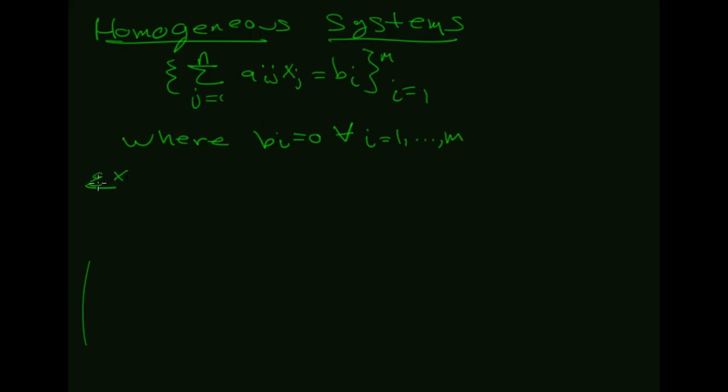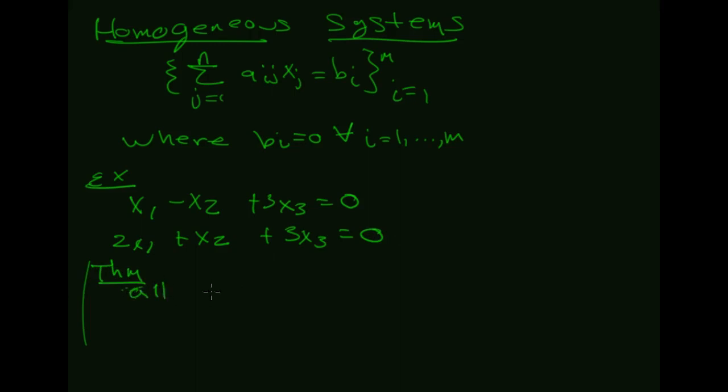So let's give a quick example of this. x1 minus x2 plus 3x3 is equal to 0. 2x1 plus x2 plus 3x3 is equal to 0. Okay, so theorem.